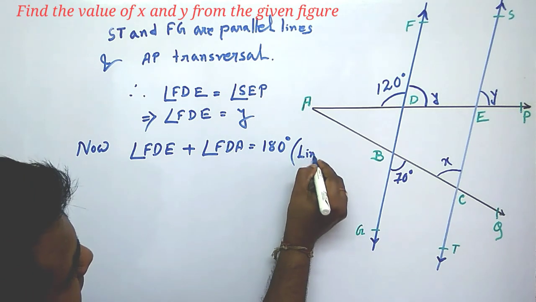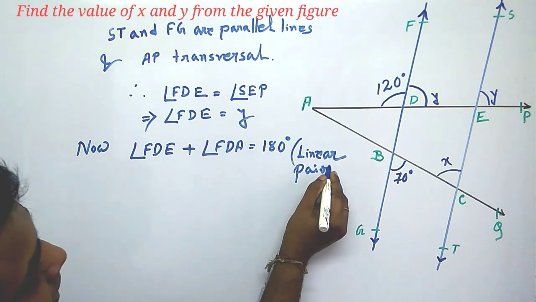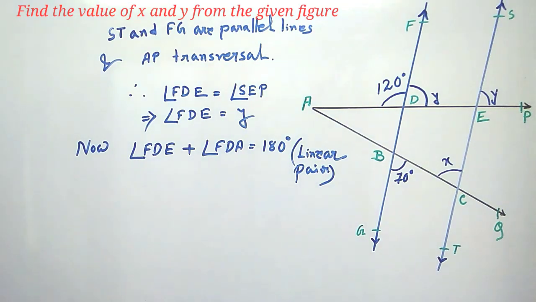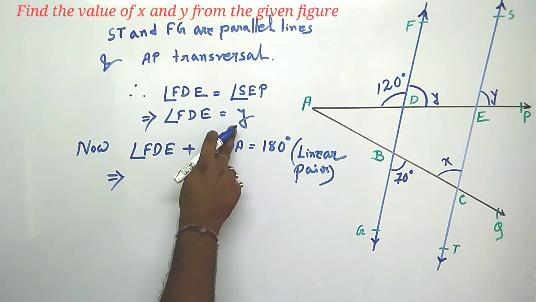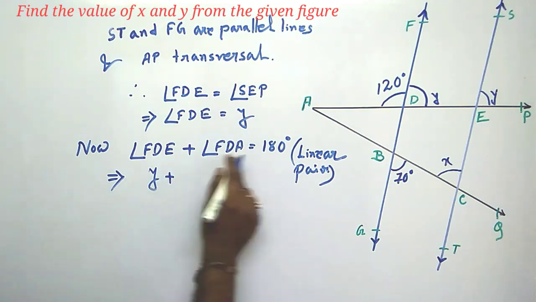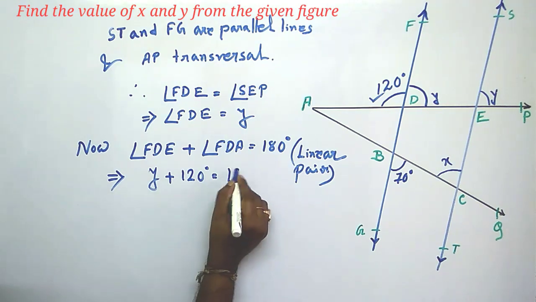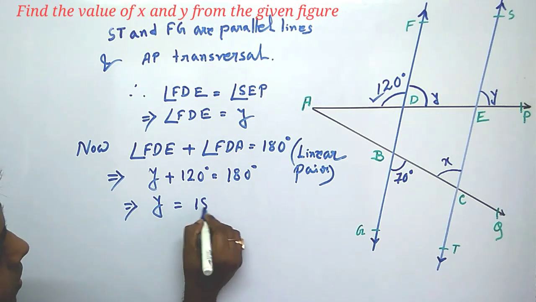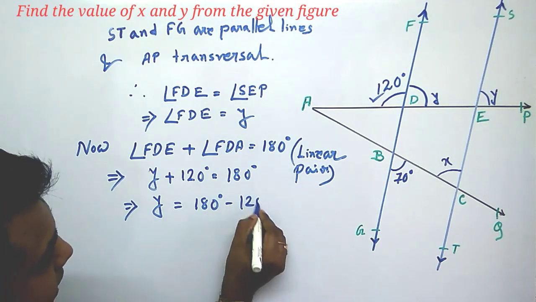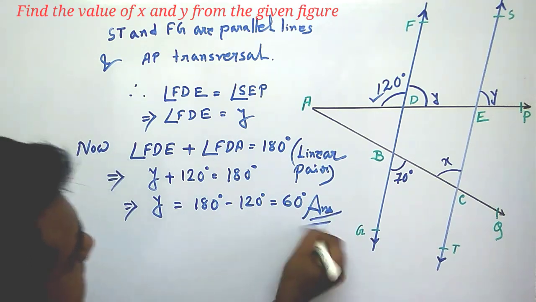Within bracket write linear pair. You must write the reason after any relation. So FDE what? y. And FDA 120 degree equals 180 degree. This provides you y equals 180 degree minus 120 degree equals 60 degree. This one is your answer.